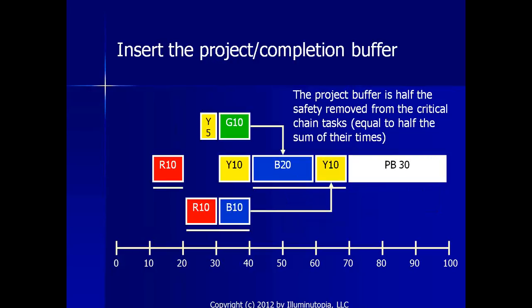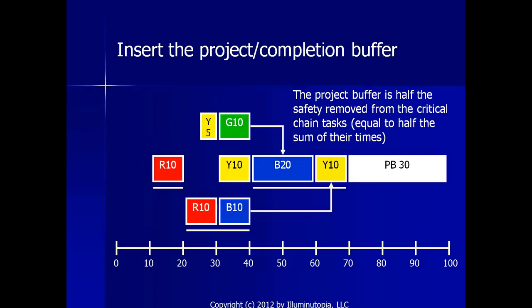The critical chain is 10, 10, 10, 20, and 10, so that's 30, 40, 50, 60. And the project buffer is half the safety removed. The critical chain is 60 here, but remember that we cut those times in half, so we took the time of 60 out of it. Now we need to cut that in half, so the project buffer will be 30.